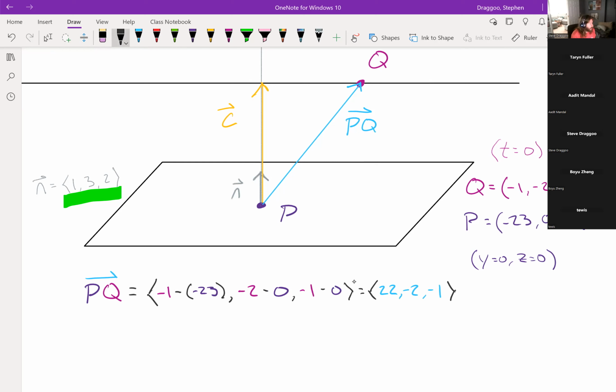Then, the part that I wanted is the magnitude of that yellow vector that I drew in. The actual distance I'm trying to get here. Magnitude C. If I plug that stuff in, let's see what we get.